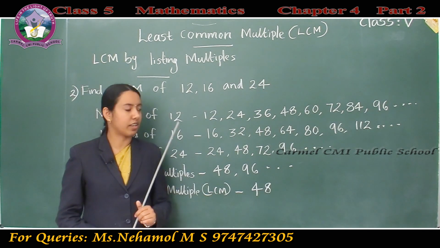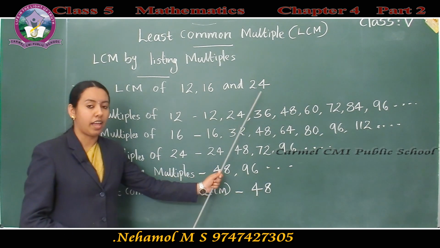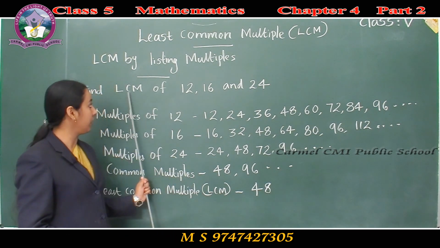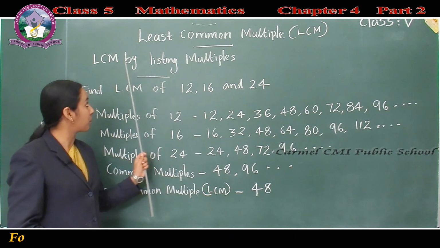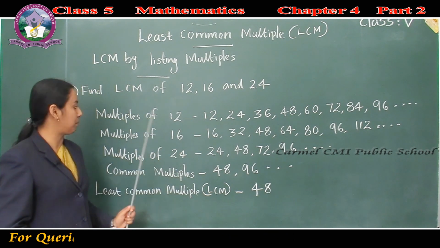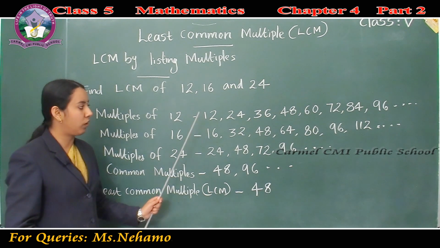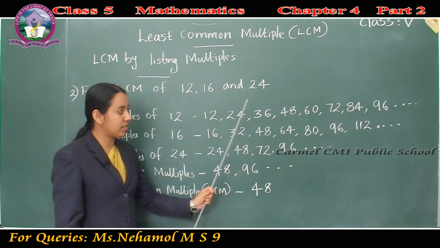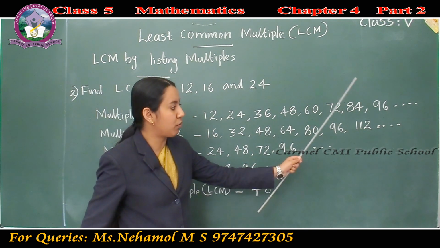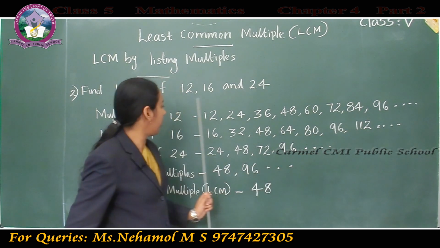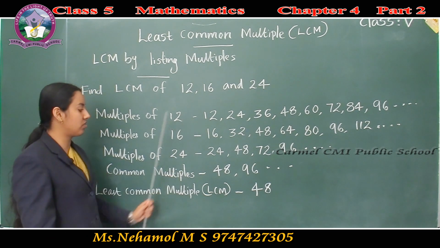Now consider another example. Find LCM of 12, 16 and 24. We have to find least common multiple of 12, 16 and 24 by listing multiples. Multiples of 12: 12, 24, 36, 48, 60, 72, 84, 96, etc. Then next number 16.